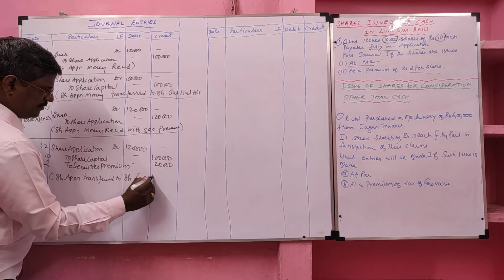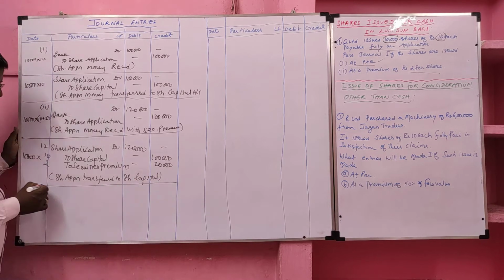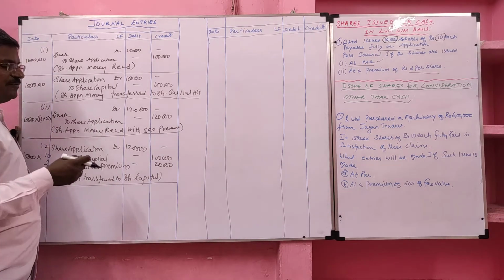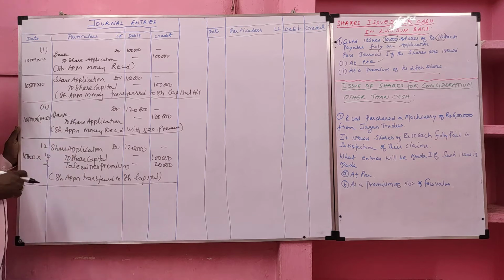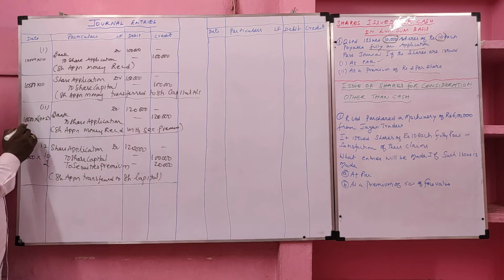Once again students, here the company is issuing 10,000 shares of rupees 10 each at a premium of rupees 2 per share. They are collecting the entire money on application. So on application, the entry is bank account debit to share application. Each share value is 10 plus securities premium of 2, so totally they are collecting 12 rupees.